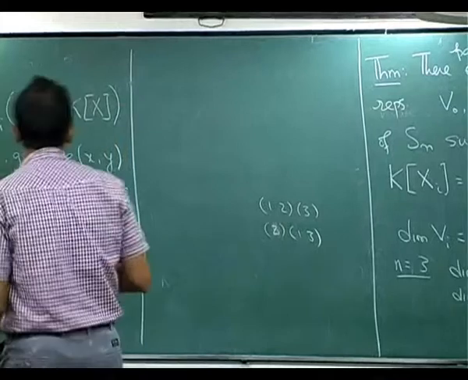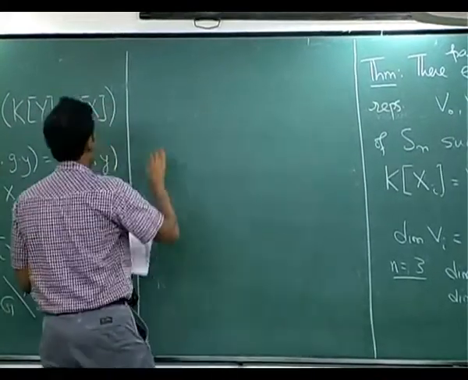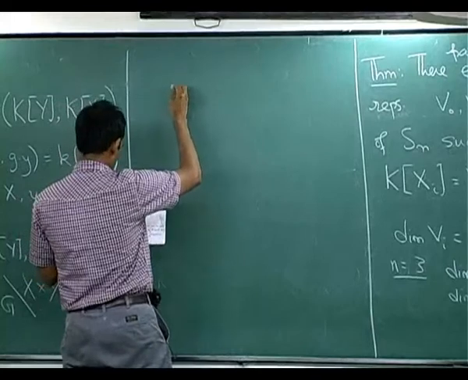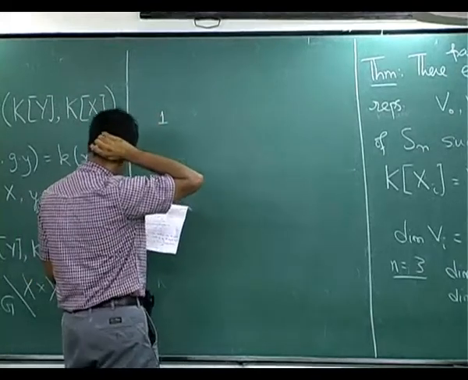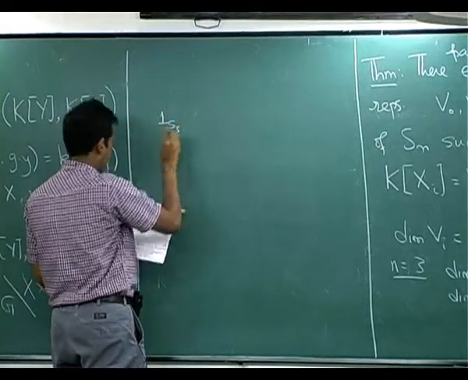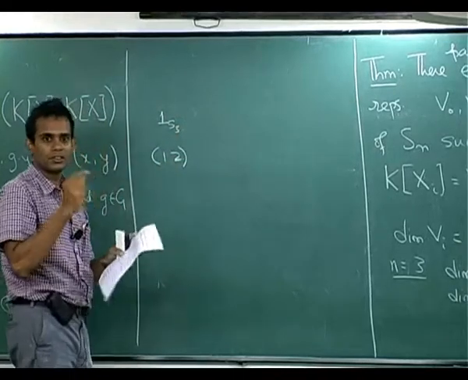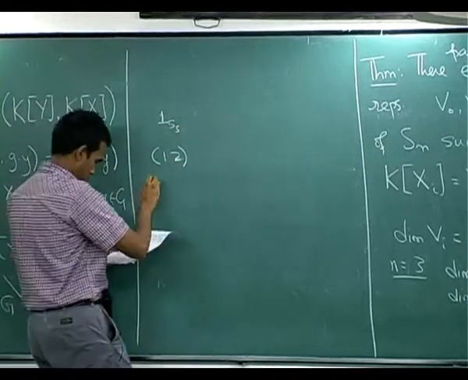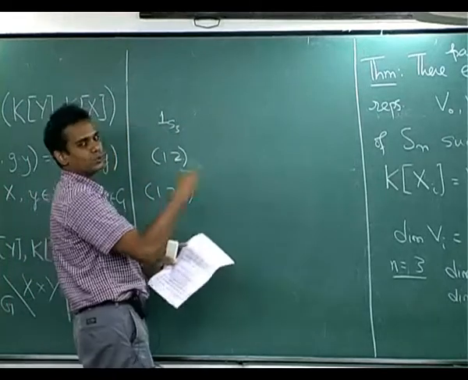So what are the partitions of 3? There are 3 of them. So for 3, there's the identity element, then there's the transposition which just interchanges 1 and 2, and then there's the cyclical thing which takes 1 to 2, 2 to 3 and 3 back to 1.